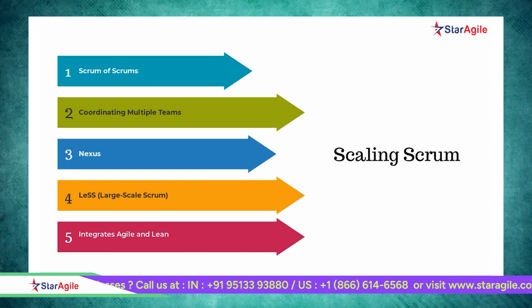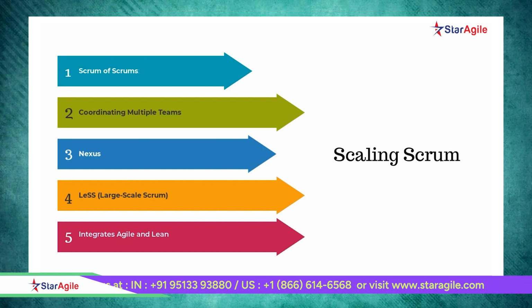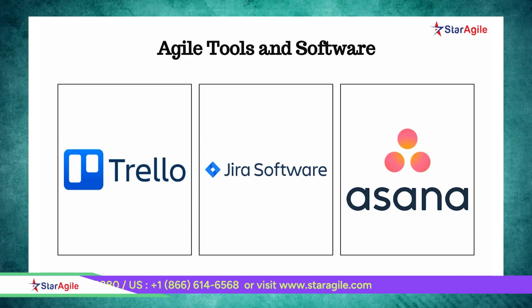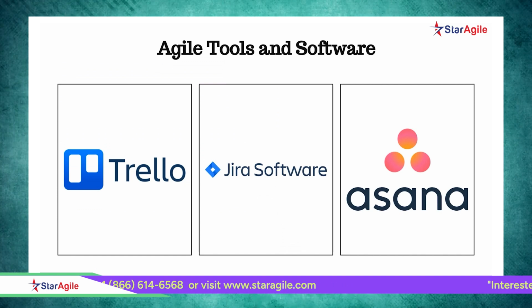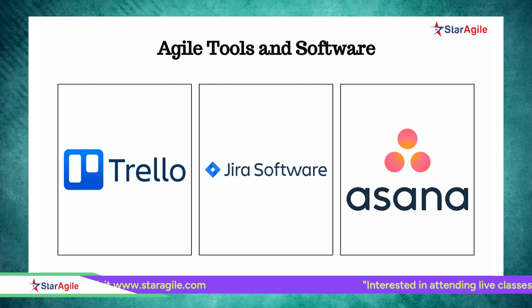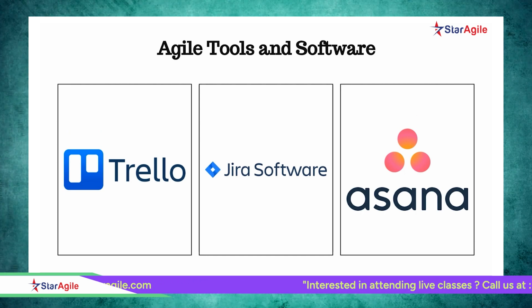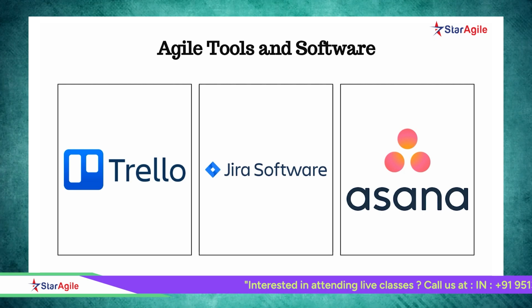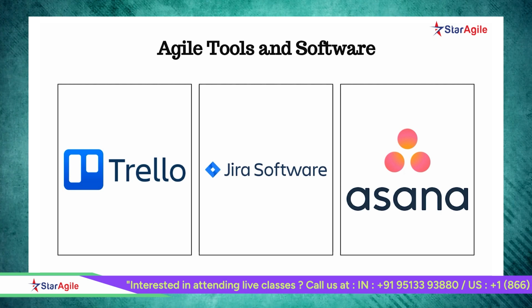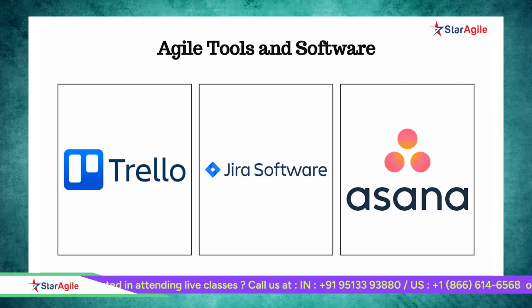We have various Agile tools and software being used today. Jira is a popular tool designed for issue and project tracking, making it ideal for agile teams. Trello offers a visual way to manage projects with its board and card system, facilitating task tracking and team collaboration.